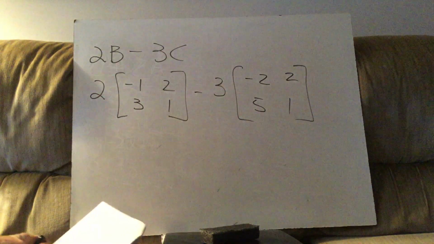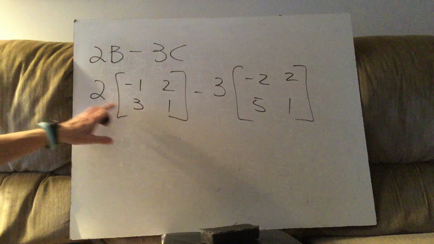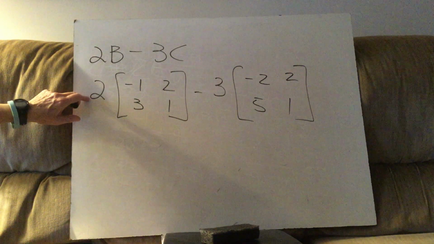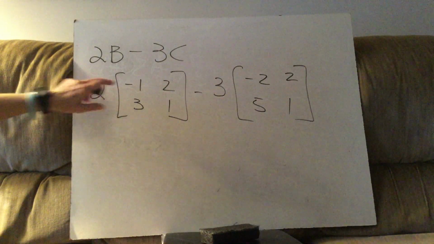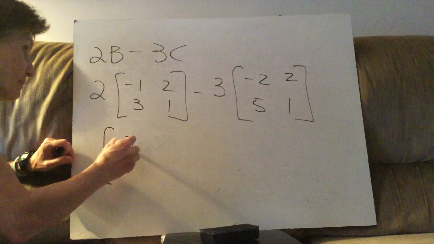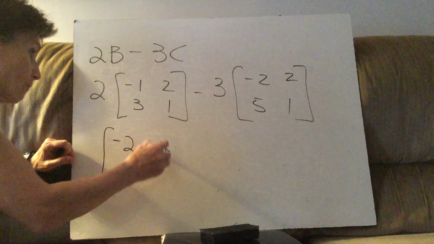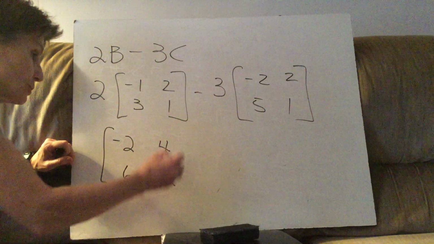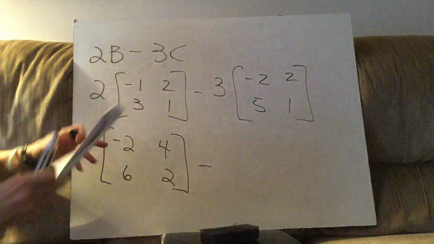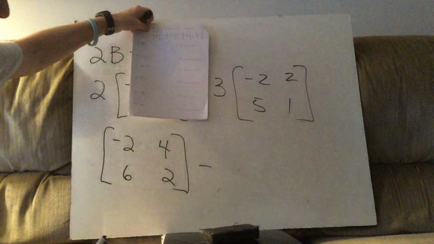So we will start by distributing, multiplying this scalar, this number 2 here, times everything in there. So we end up with negative 2, 4, 6, 2. Minus, now I'm going to go ahead and leave that a minus.